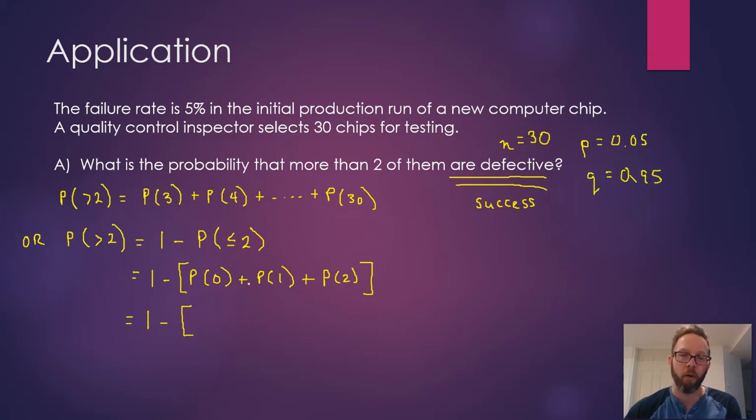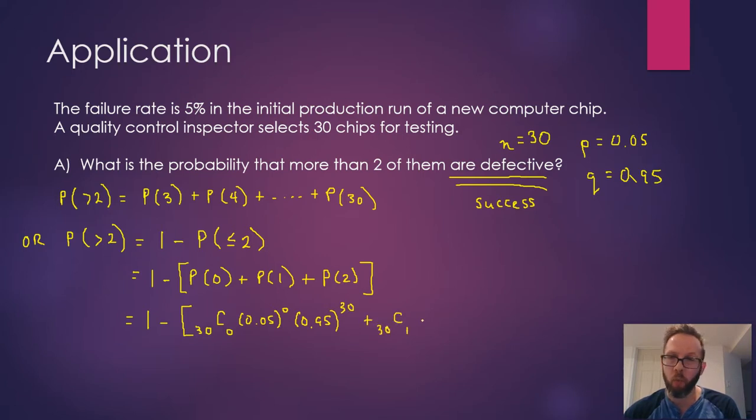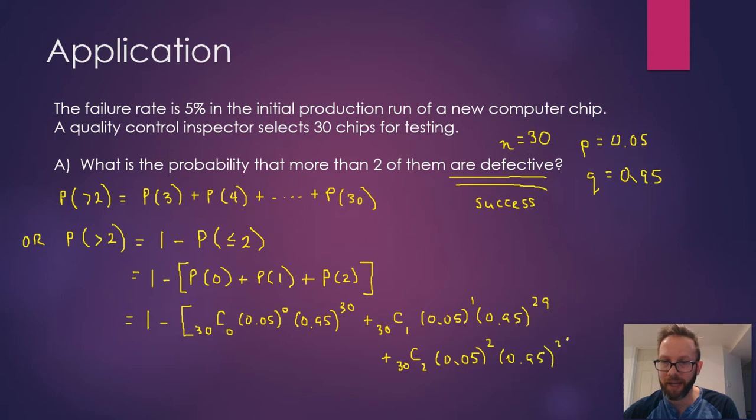So I have 3 of those binomial calculations that look like this. For 0 defective chips, 30 choose 0 times 0.05 to the power of 0 times 0.95 to the power of 30, plus 30 choose 1, we're now on the 1 defective chip calculation, times 0.05 to the power of 1 times 0.95 to the power of 29, plus 30 choose 2, 0.05 to the power of 2, 0.95 to the power of 28.